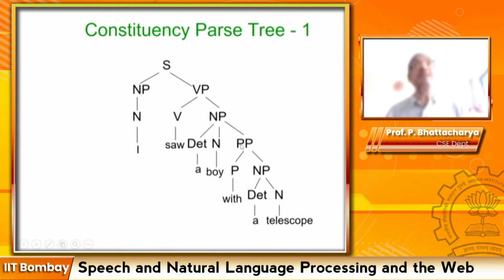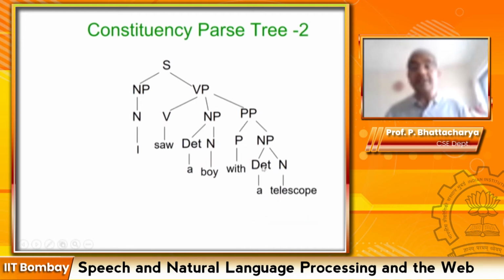So this indicates something. This indicates a change in meaning. So you see here, a boy with a telescope is more closely bound together. Whereas in this case, a boy with a telescope and verb all are merged together, being bound more closely.